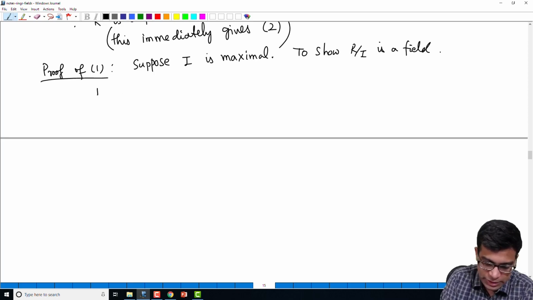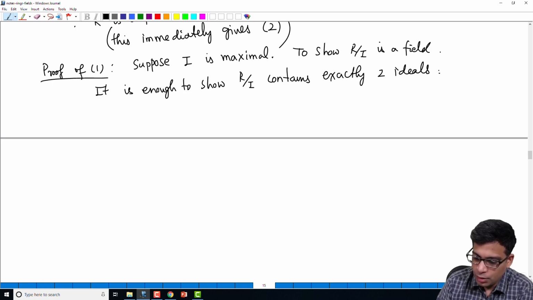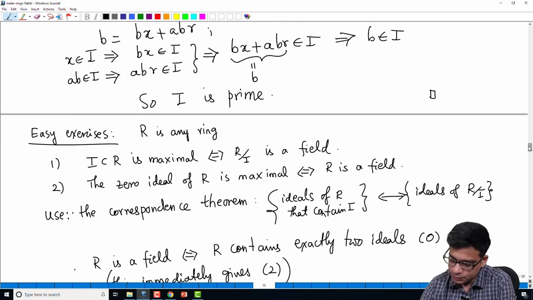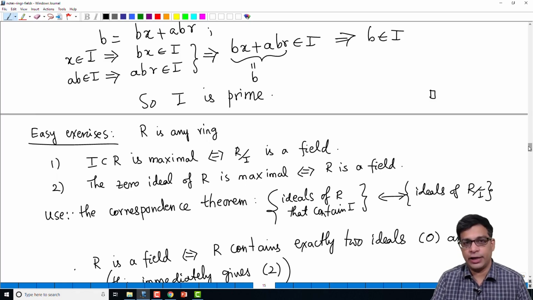Now it's enough to show, by the property I wrote earlier, that R mod I contains exactly two ideals. In other words, the set of ideals of R mod I is exactly a two element set, namely the 0 ideal of R mod I and the unit ideal of R mod I. But in other words, we want to show that ideals of R that contain I are also exactly 2.